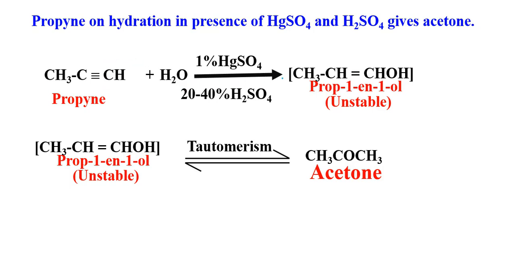If you don't understand this enol tautomerism, just add water, hydrogen and OH, one more hydrogen and OH, across the two pi bonds. Then two OH groups on the same carbon are unstable, remove one water molecule, and it forms CH3, C double bond O, CH3. This is also another mechanism, you can follow any one.